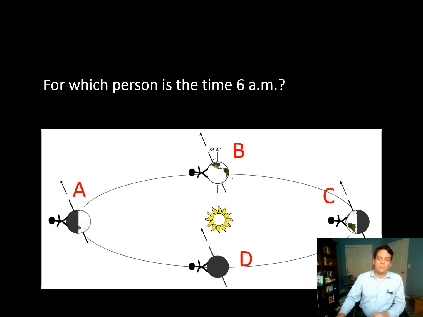In other words, if I'm located up here and I'm looking down, the Earth is rotating counterclockwise. And so this guy is rotating towards the sun right now. This guy is rotating away from the sun right now, and so on. So I'll give you 30 seconds. Think about this for a little bit and try to answer for which person the time is 6 a.m.